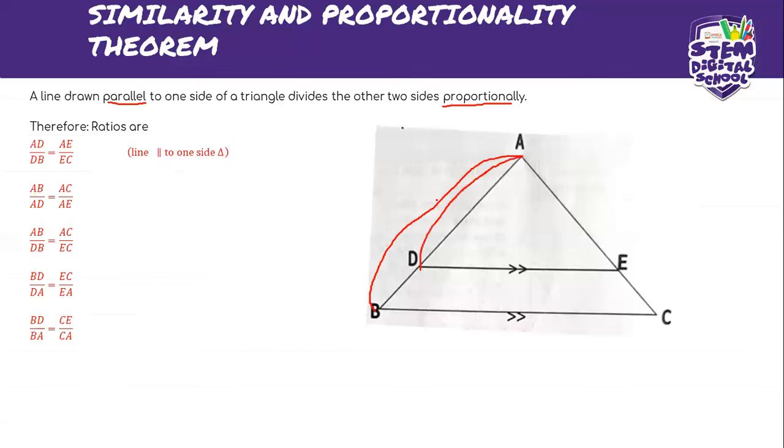So the way you went with this side, you're going to do the same on the other side. So this is going to be AC this time, divided by AE, right? I hope you are following.